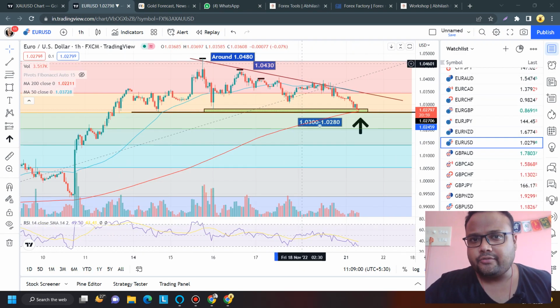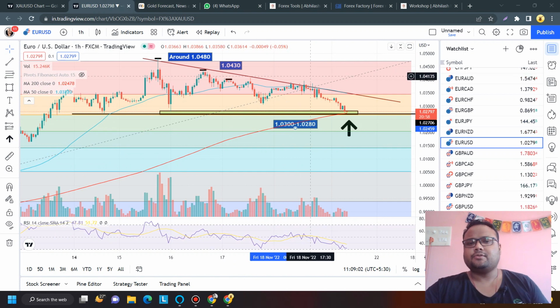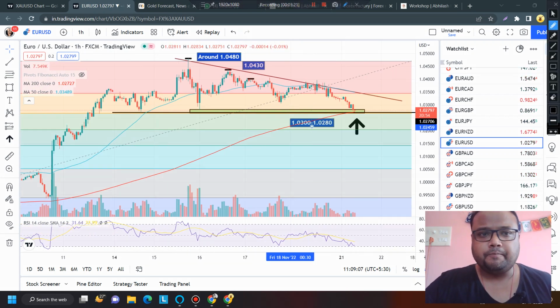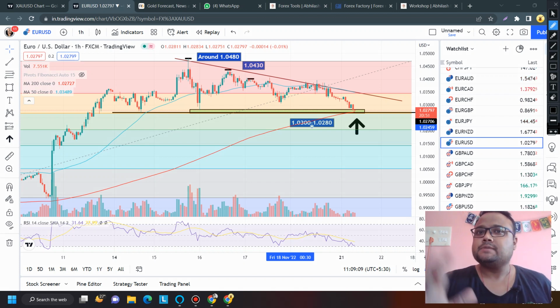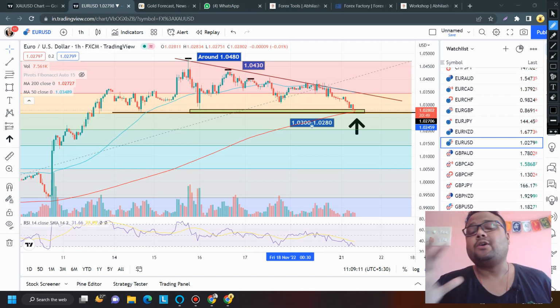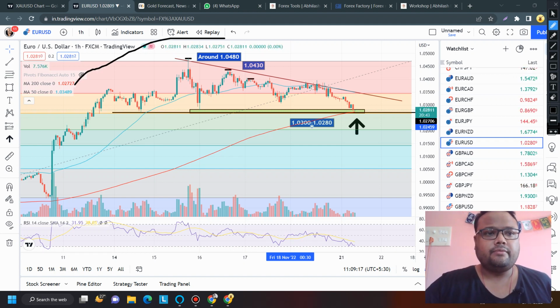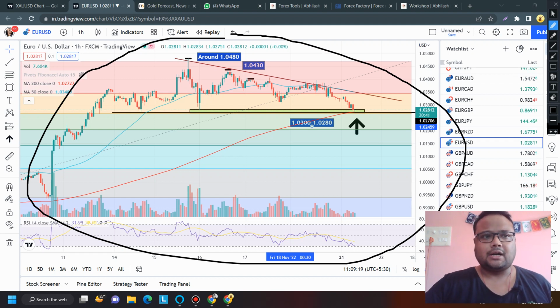So what should be our trading strategy regarding Euro USD? First of all, the descending triangle pattern, we cannot deny it. The descending triangle pattern is extremely powerful mostly in a downtrend market. This is an uptrend market. If we observe this overall chart, we can see the market is in an uptrend.